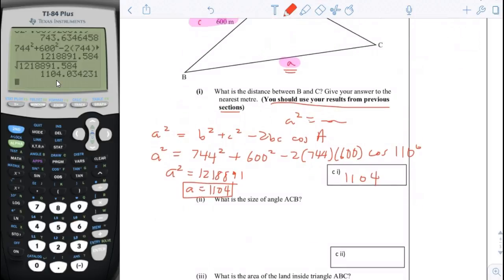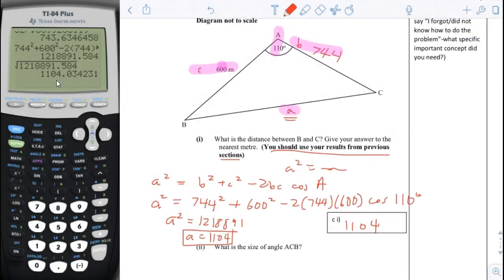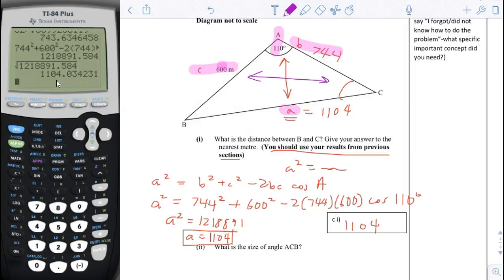Then the last thing, or not the last thing. What is the size of the angle ACB? ACB is this angle here. Okay? Now that we know that small a is 1104, now look, we can use law of sines because we know this pair here, and we would like to know this pair here.